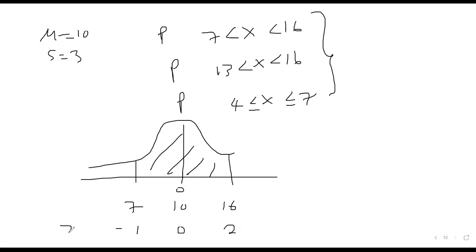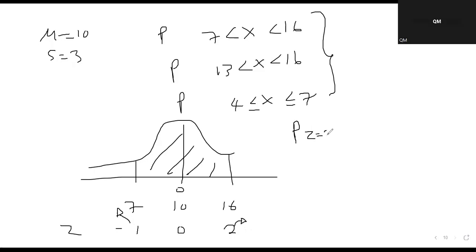So these are the z values now. So whenever they're opposite directions, you get the z for the big number and the z for small number, you add them, then subtract 1. So our z for 2 plus the z for 1 minus 1 in total.